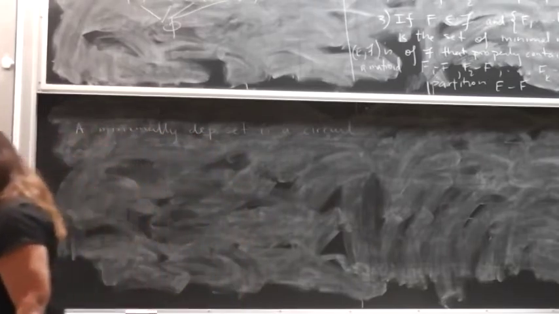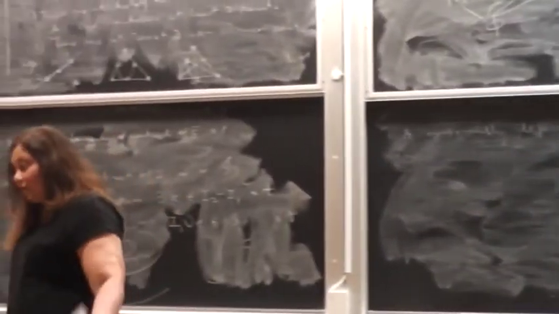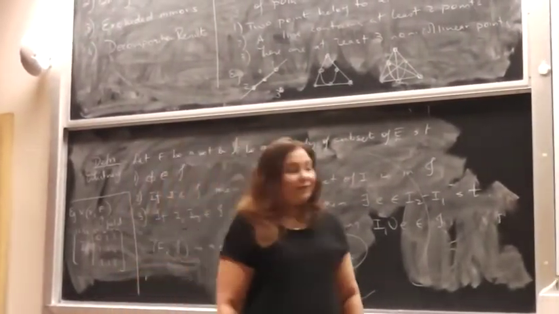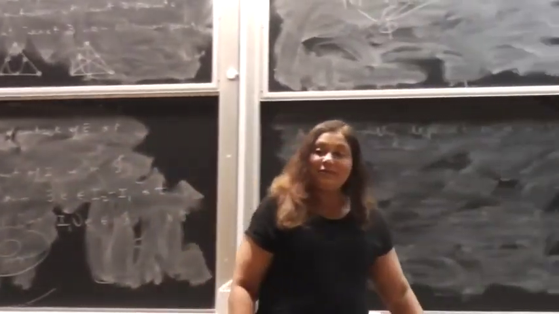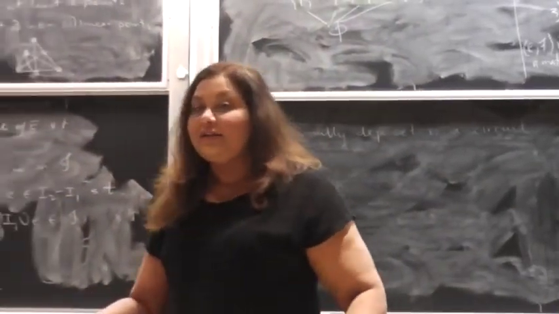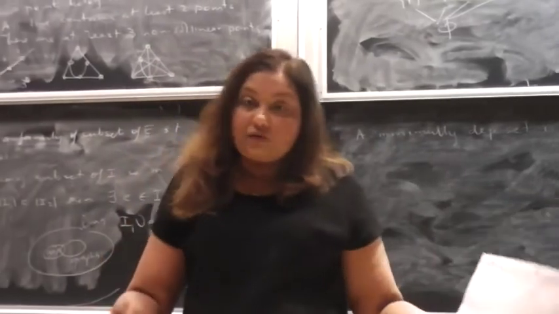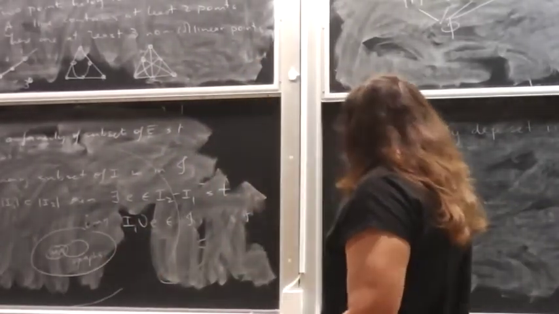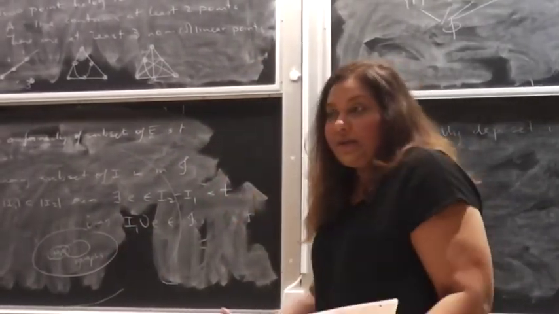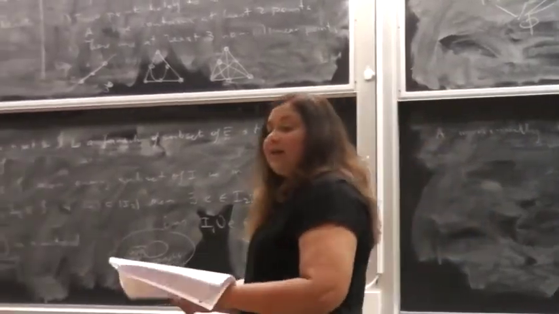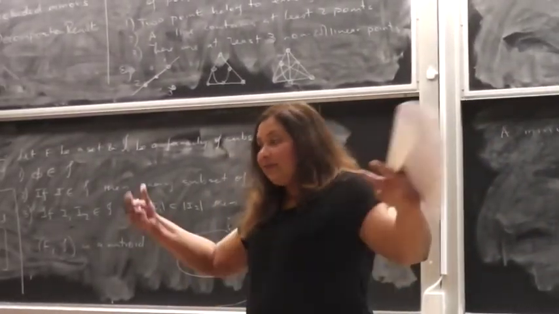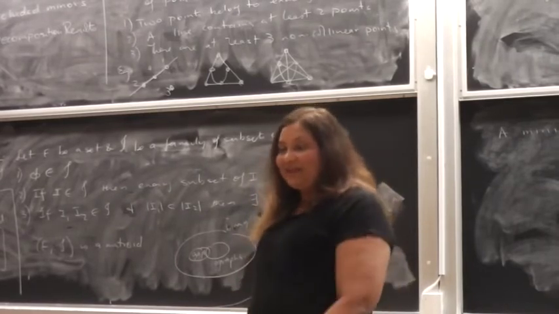So the circuits also have their own axioms. And I'm going to quickly put up the circuit axioms because that's the best way to understand why a graph is also a matroid. So I'm actually talking about a class of objects that sort of contain the graphs in them.